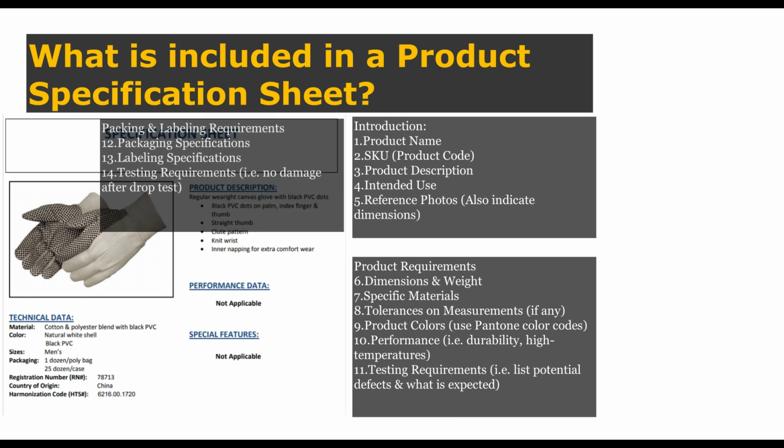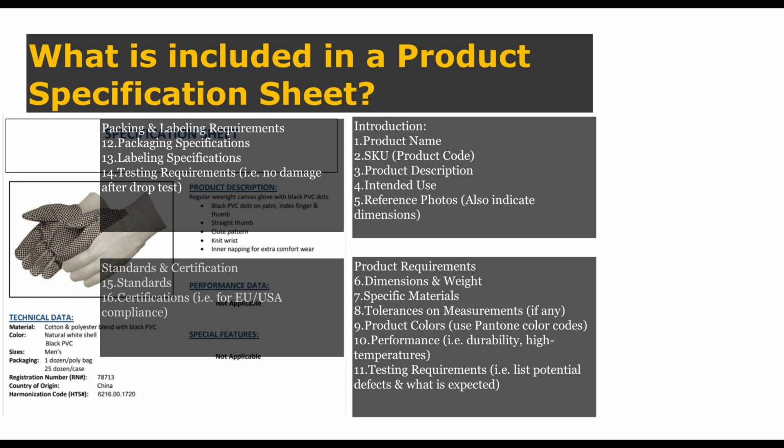After this, you can list your packing and labeling requirements. For example, you can list your packaging specifications, labeling specifications, and testing requirements here, such as no damage after drop test for this product.